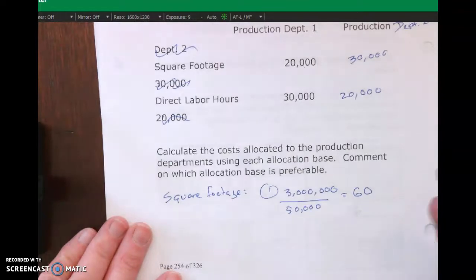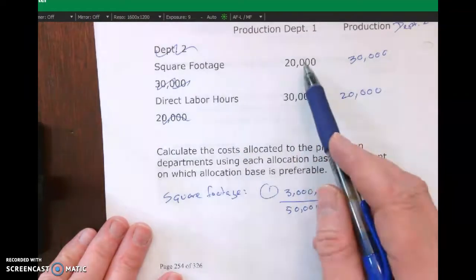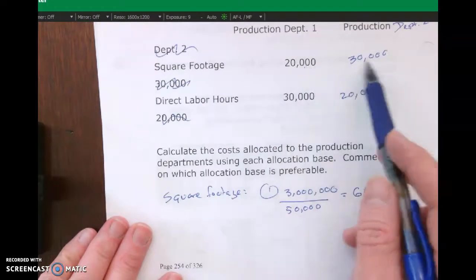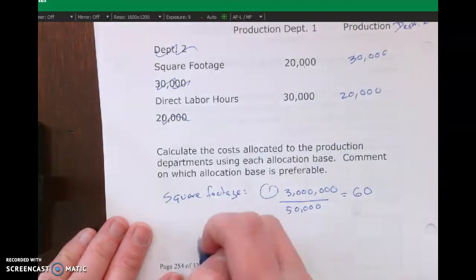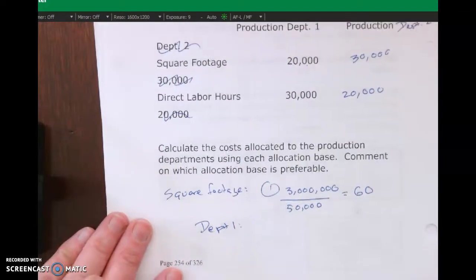So if we think about what this 60 means, that helps us then determine how to allocate out that $3 million based on square footage to Department 1 and to Department 2. So now what we can do is say Department 1, and we follow what we've done before. We calculated the rate, and then we say the rate times the amount of allocation base used is how much is going to be allocated.